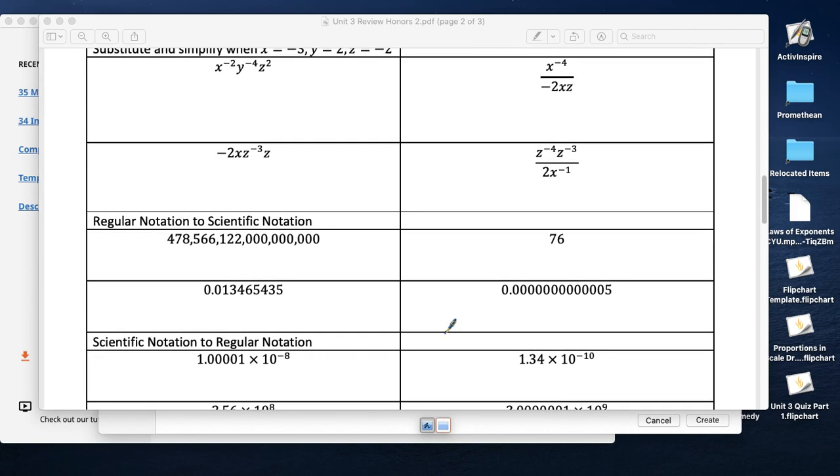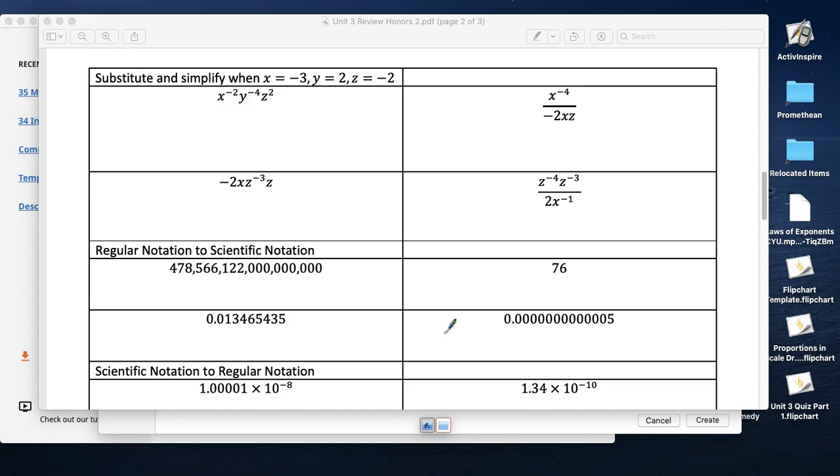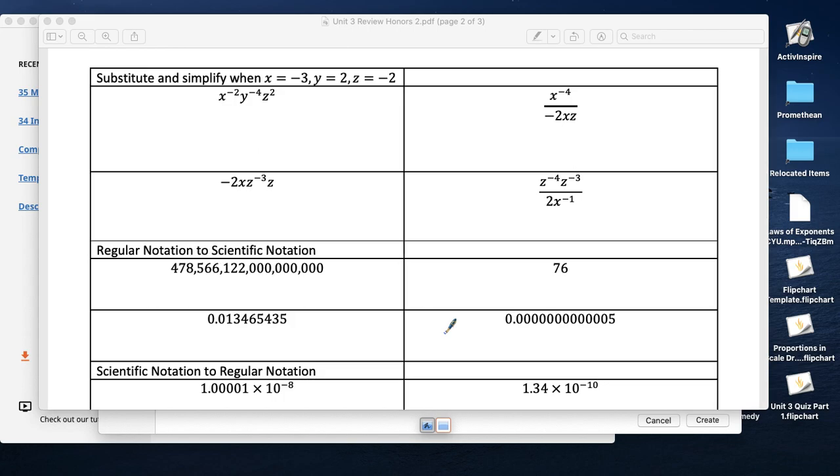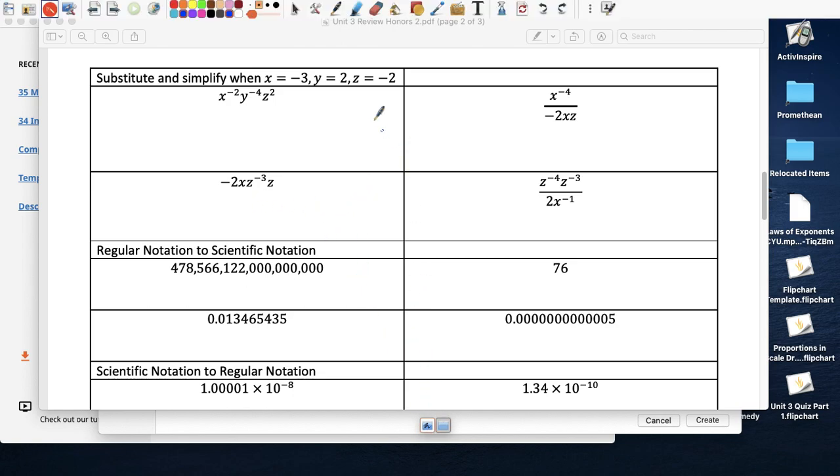Okay, so next section. Give me a second. All right, this one we have to substitute, and we have to do that very carefully.